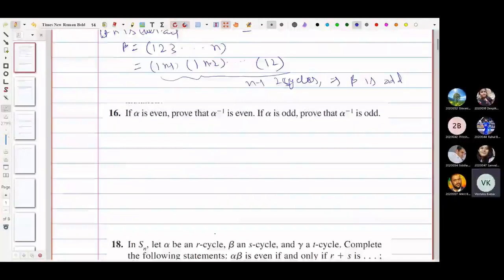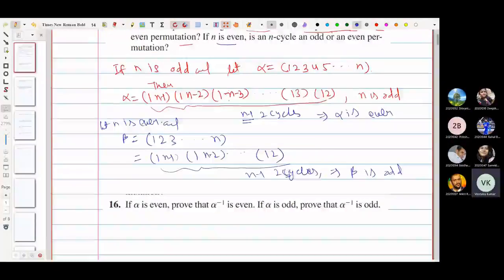This is just like what we have seen in many cases. Suppose we have been given a 3-cycle. Obviously we can write it as a product of (1 3)(1 2), so there are two 2-cycles. For this permutation alpha, n equals 3, so n minus 1, that is 3 minus 1, equals 2.